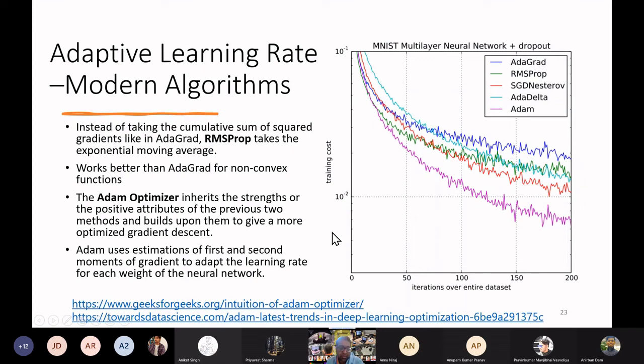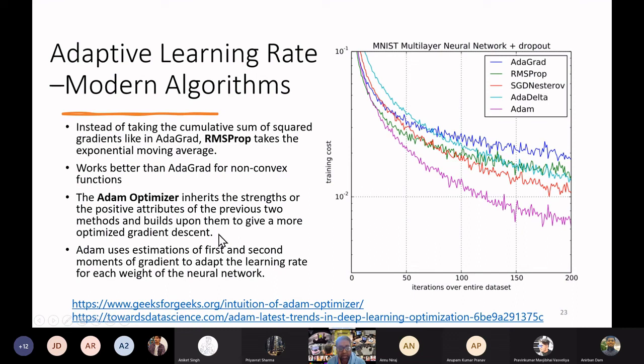And in a more modern algorithm, the Adam optimizer, it tries to inherit the strengths, or the positive attributes, of both the AdaGrad and RMSProp algorithms, and it uses both first and second moments of the gradient to adapt the learning rate for individual weights of the neural network. I did not put the details of the equations of the RMSProp and Adam optimizer here.